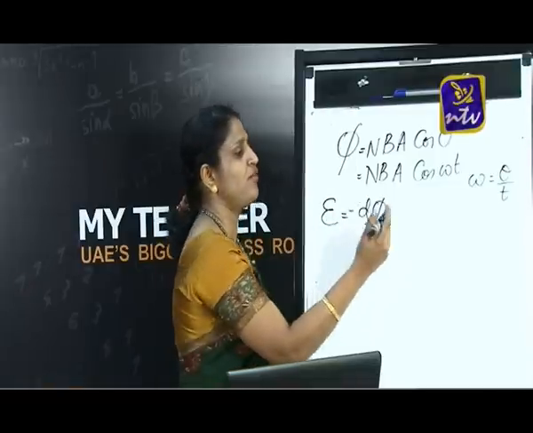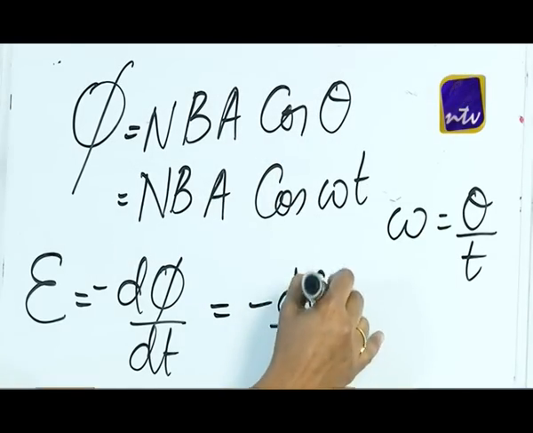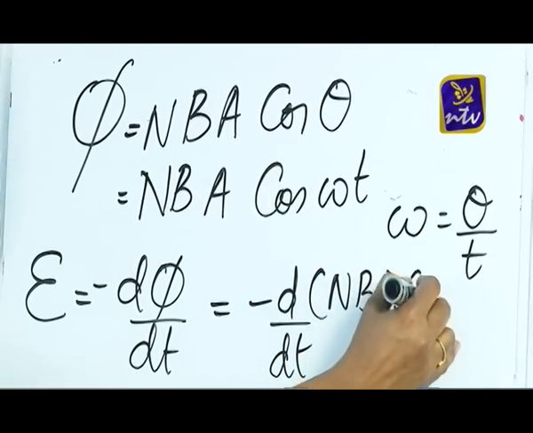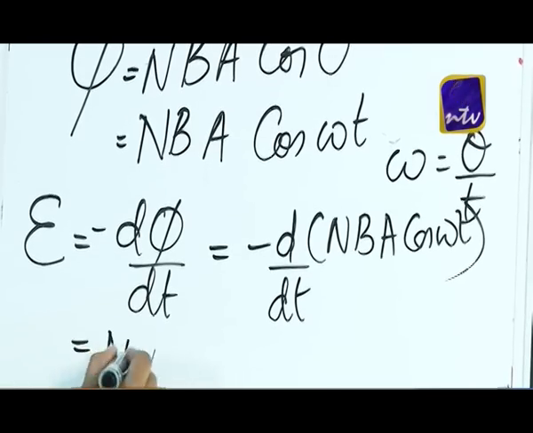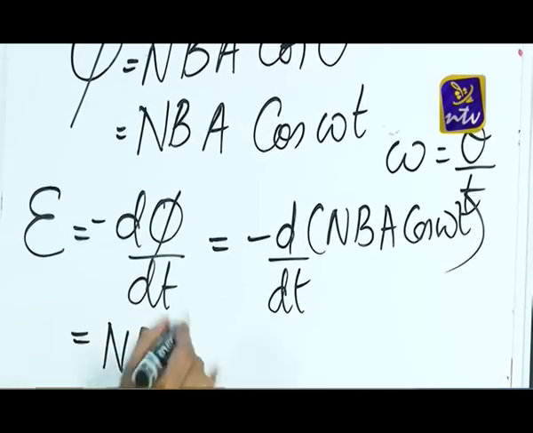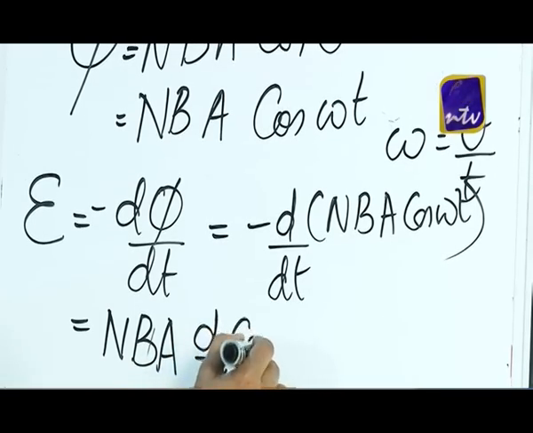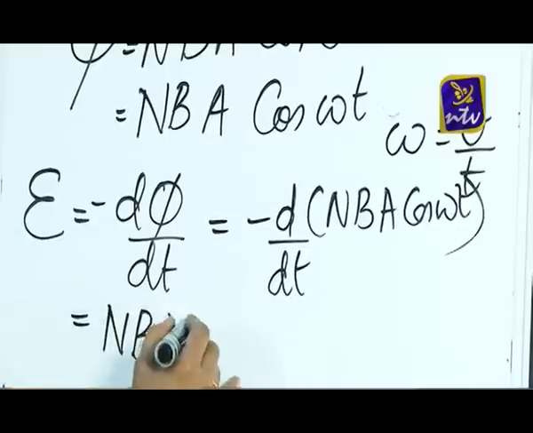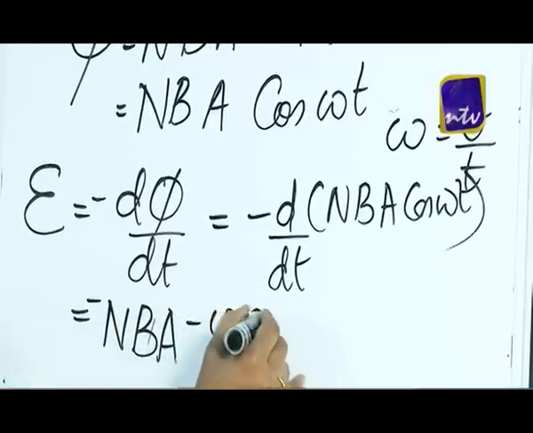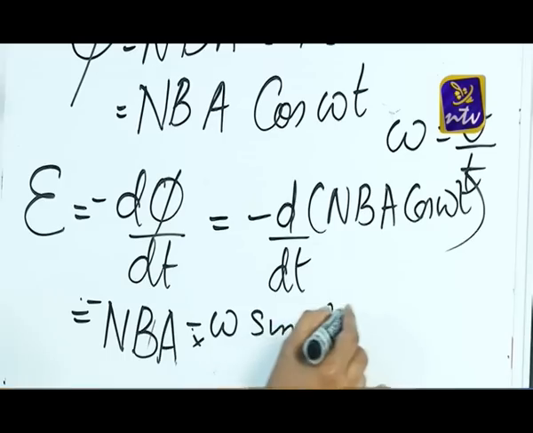Now minus d phi by dt, if you differentiate this expression d by dt of NBA cos omega t, you know that N is a constant, B is a constant, A is a constant. The only changing factor is cos omega t. The differential of cos omega t is minus omega sin omega t, and when you multiply this minus and this minus, they get cancelled.